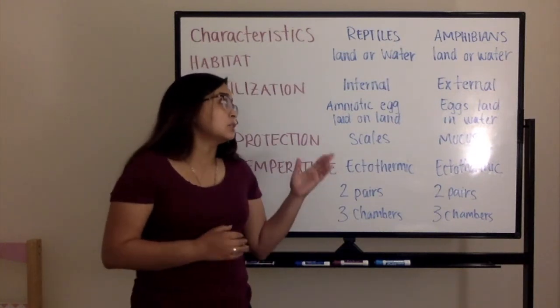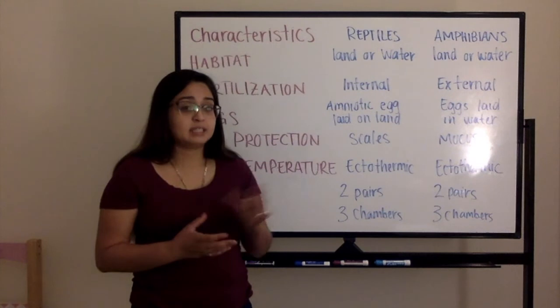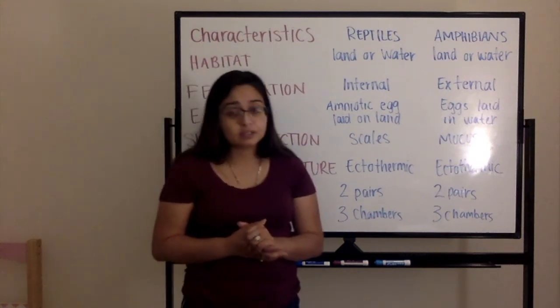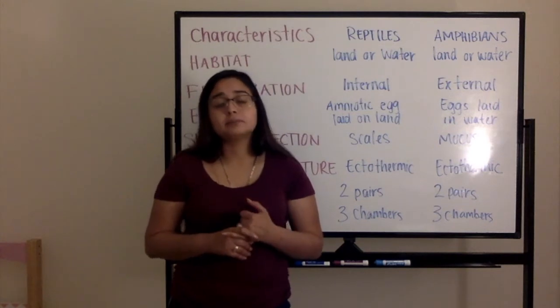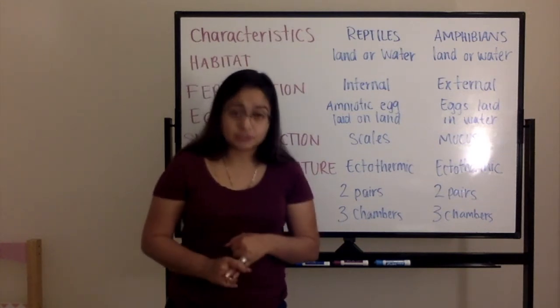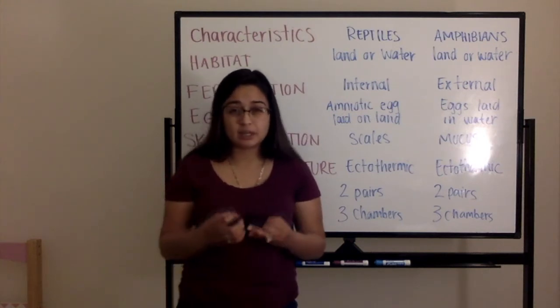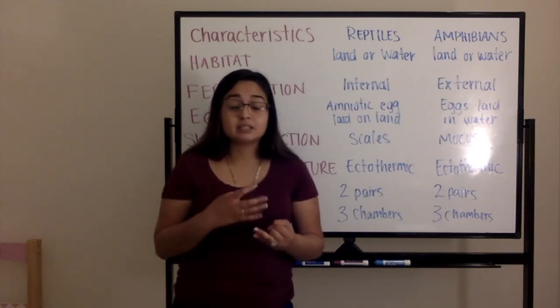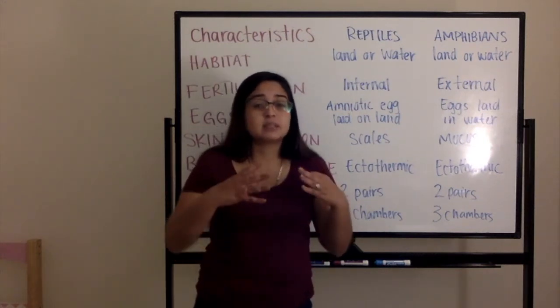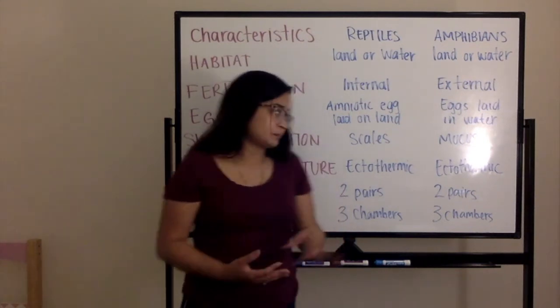They do tend to live more on land. The scales that they have help them not get hurt, to prevent dehydration, so the skin from drying up. The scales are very dry and rough as it is, but it protects the body from drying up.